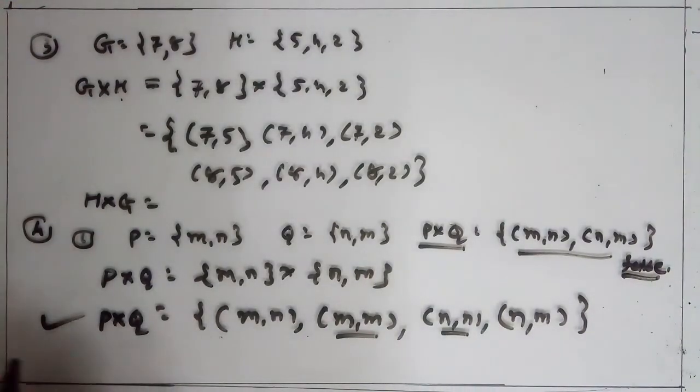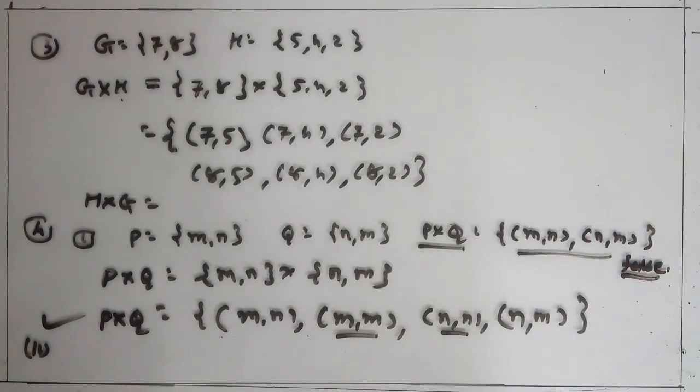Now, number 2. If A and B are non-empty sets, then A cross B is a non-empty set of ordered pairs (x, y) such that x belongs to A and y belongs to B. What do you say about this statement?